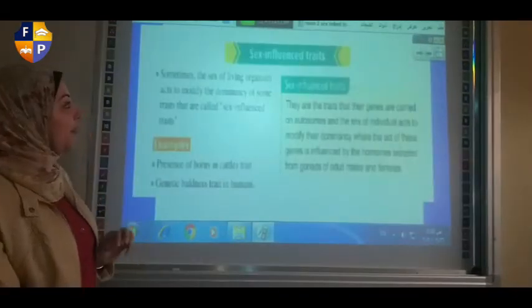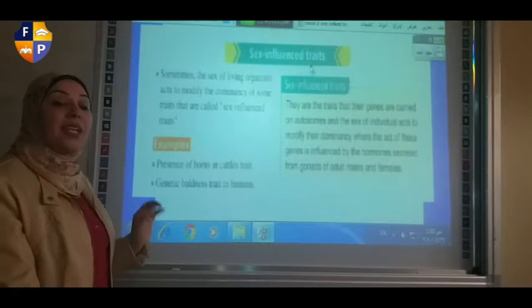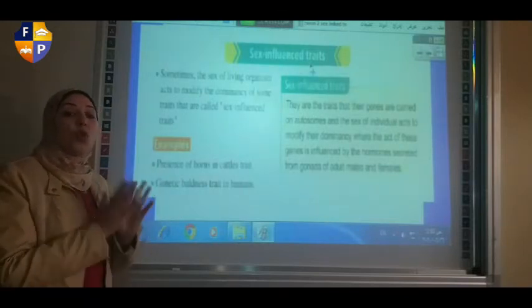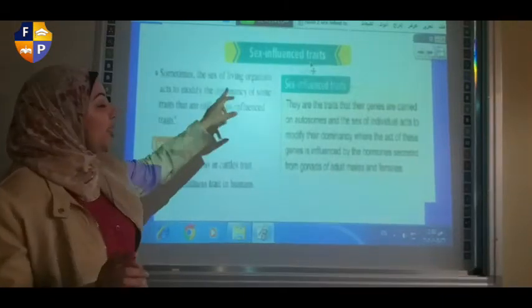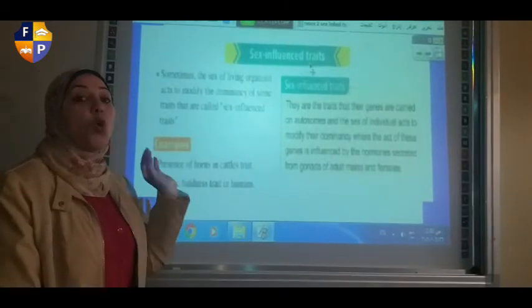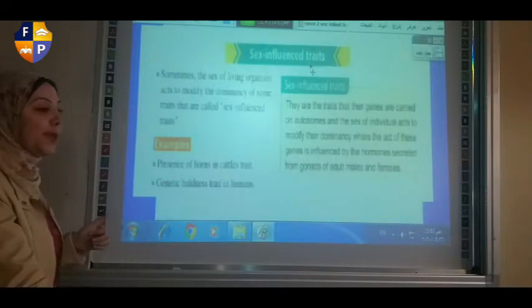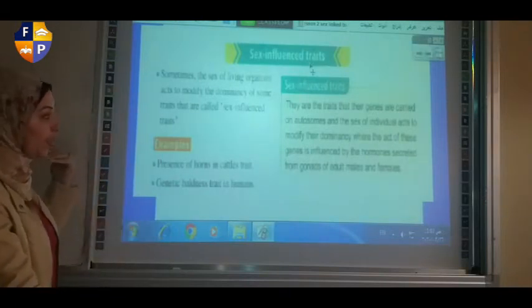Now we will talk about sex-influenced traits. It is also a non-Mendelian trait related to chromosomes, but a sex-influenced trait is located on autosomes, not on sex chromosomes like a sex-linked trait.